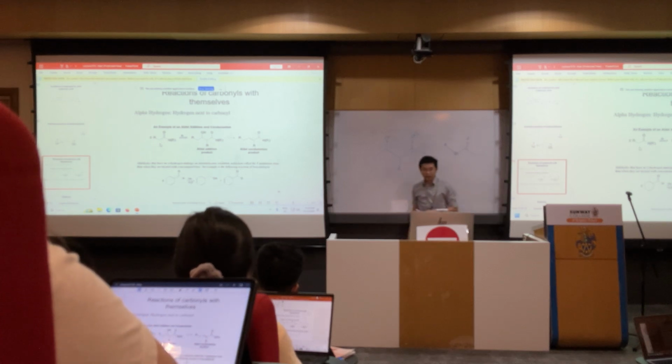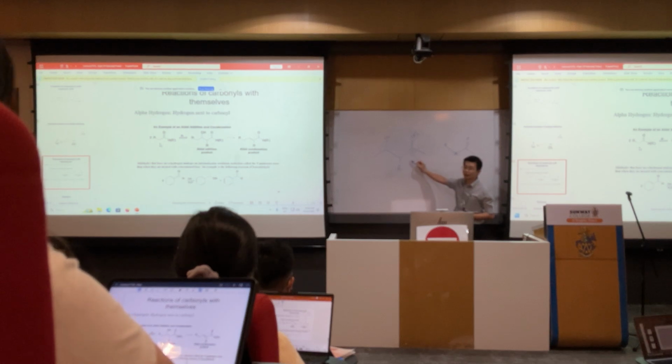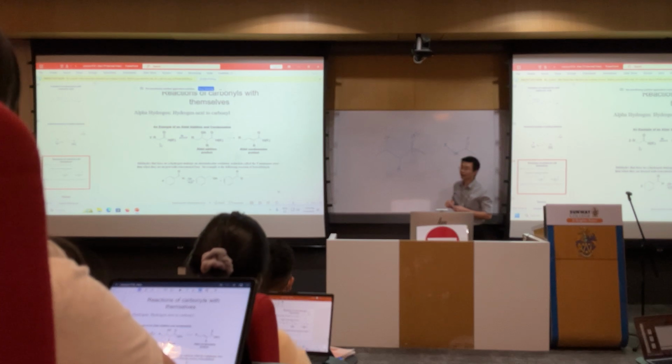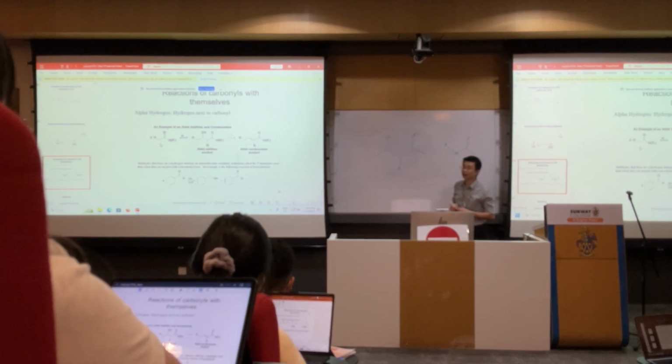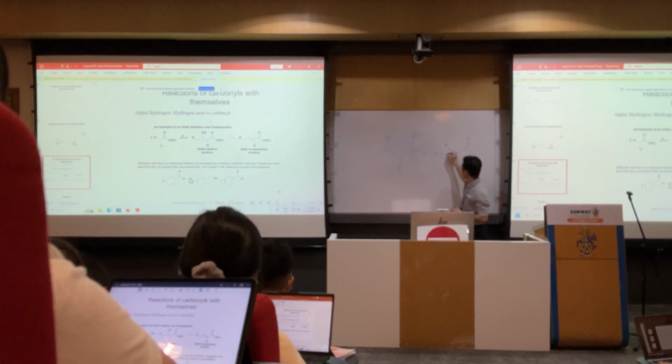Okay, so the reaction will happen, and the molecule will undergo rearrangement and give you this molecule. We call this the aldol addition condensation reaction. So the side product will be H2O.